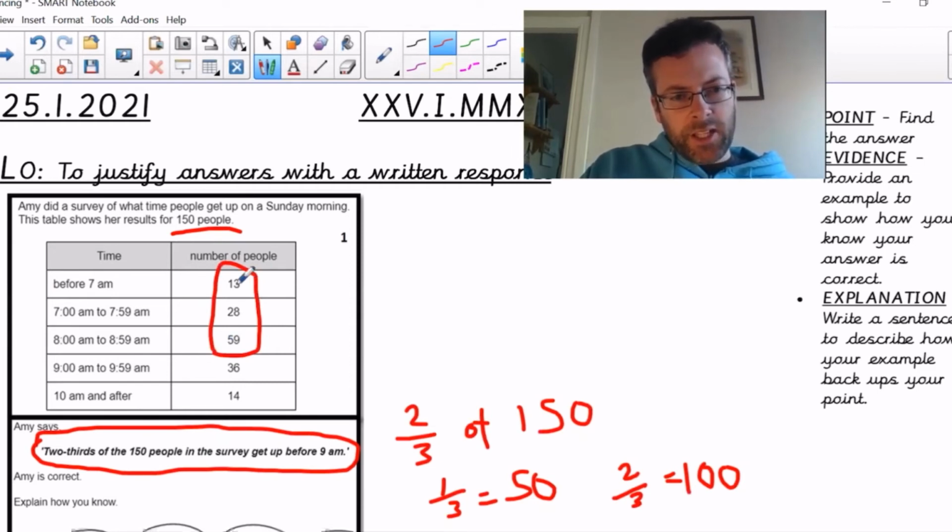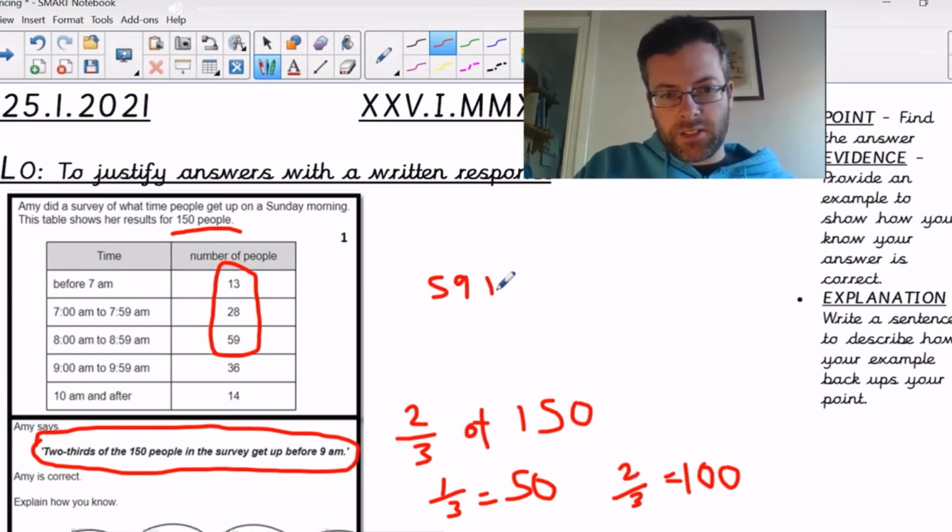Well, 13 add 28 add 59, and I can do some drawings for this one. You will have more space than I am. So 59 add 28. Well, 59 add 20 is going to be 79.